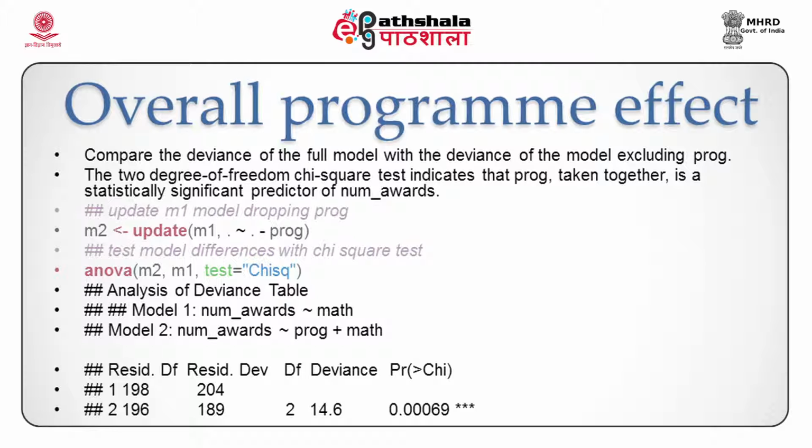So this has been done here using the update command to refit the model, eliminating program. And then we use the anova function on the M2 and M1 objects and test equal to chi-square. The result we get is something very similar to the anova output used in the case of linear models, except that here it is an analysis of deviance table rather than an analysis of variance table, and we see that the difference is statistically significant with a p-value of 0.00069.